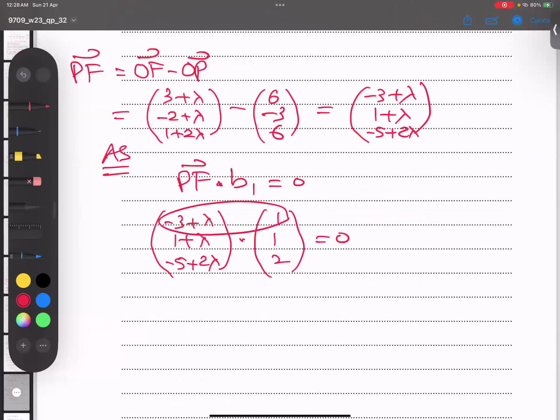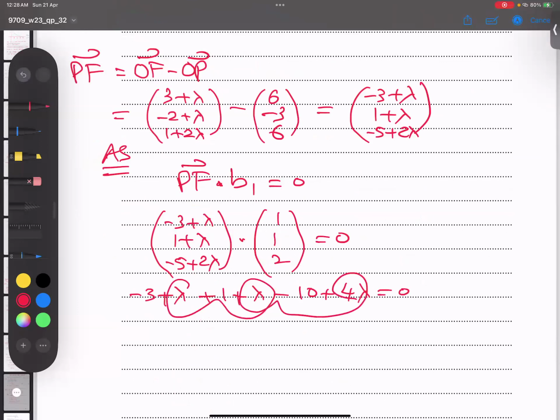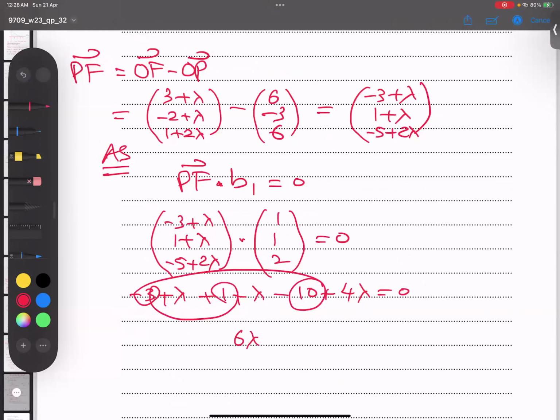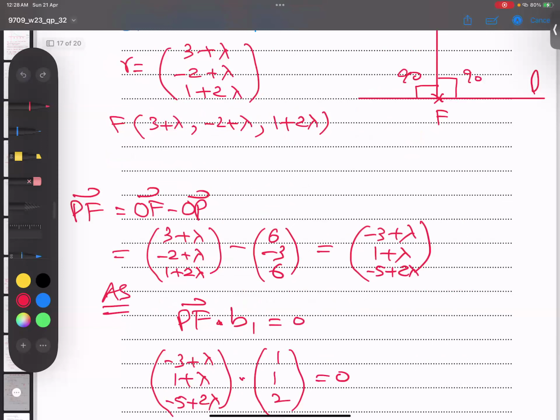So this multiplied, we get negative 3 plus lambda; this multiplied, I get 1 plus lambda; and negative 10 plus 4 lambda is equal to 0. So lambda, lambda and 4 lambda become 6 lambda; 10 and 3, 13, 1 gone, 12, negative 12. And lambda becomes 2. It means at this point, lambda is 2.